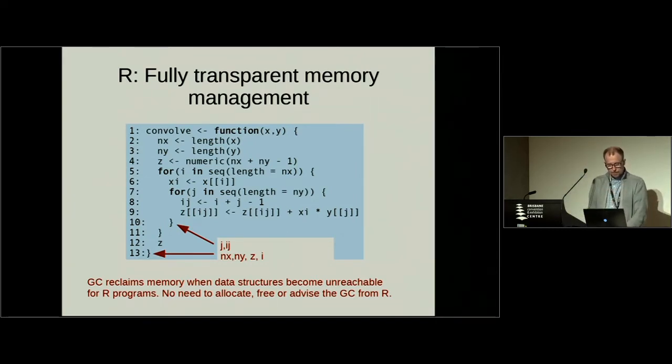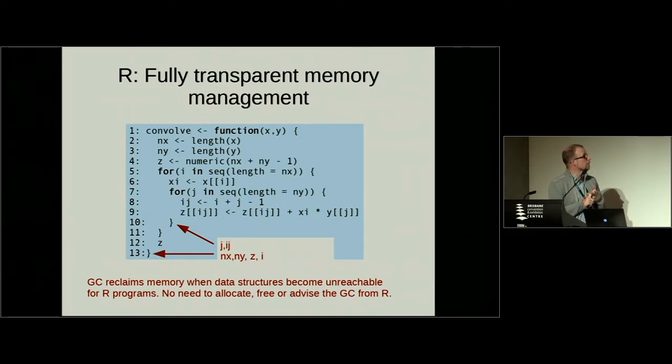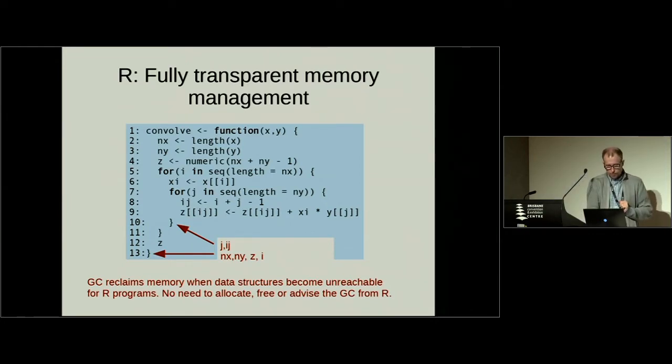And after line 10, the garbage collector knows that we are no longer able from R to use the memory for it, and so it can reuse it. So when there is need for more memory, the garbage collector can reuse it, and we don't have to tell it when, and we can't tell it which local variables are pointing to some objects.